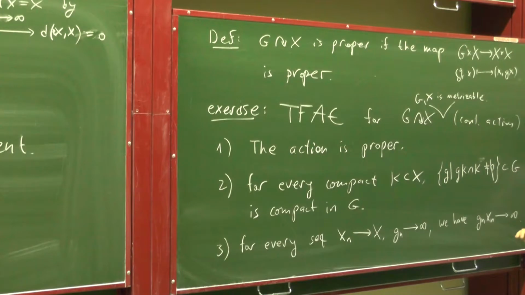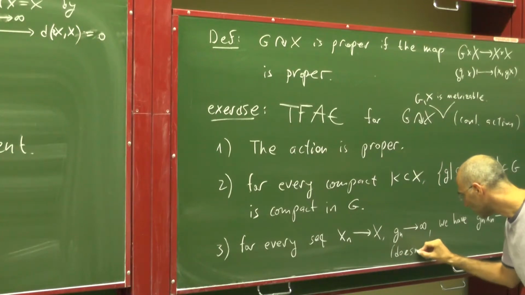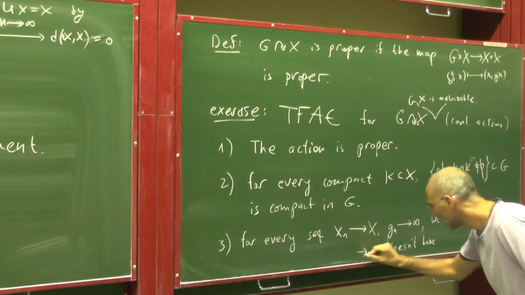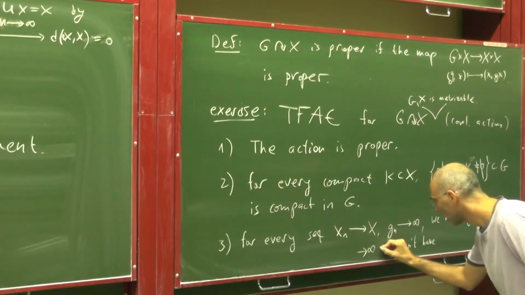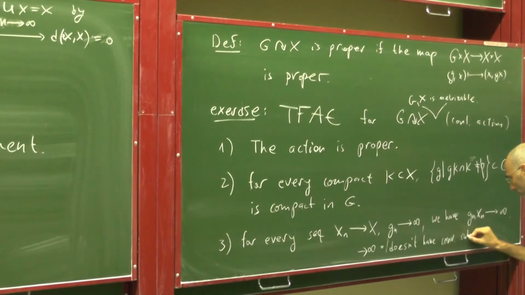And I didn't say that my spaces are locally compact. So goes to infinity means don't have converging subsequence. So it's not true, I forgot. It means that something tends to infinity? So this is a short for doesn't have converging subsequence.